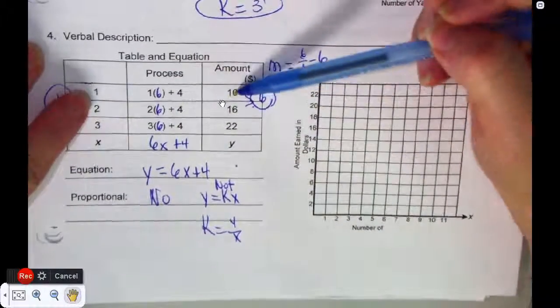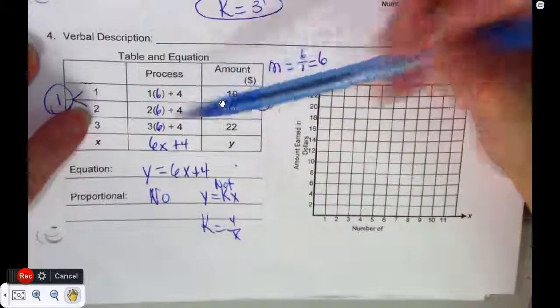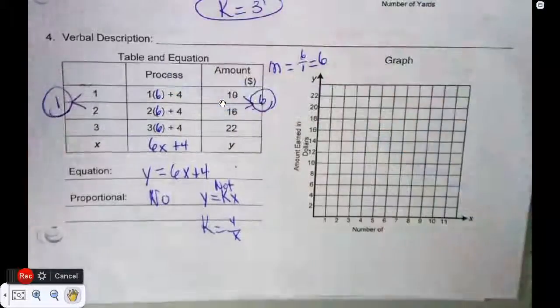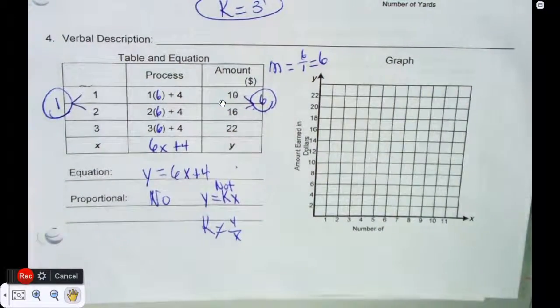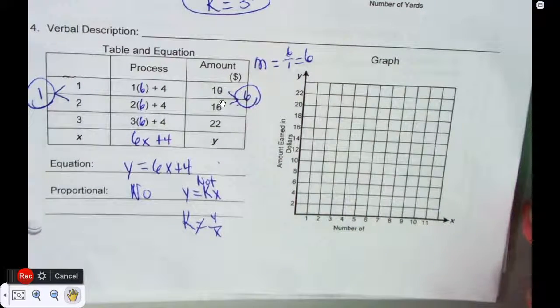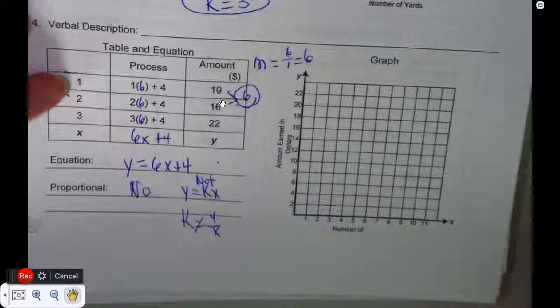Right. So let's all do it together. 10 divided by 1, 16 divided by 2, so it's not proportional. There is no constant of proportionality. It's not the same. Yes, very good.